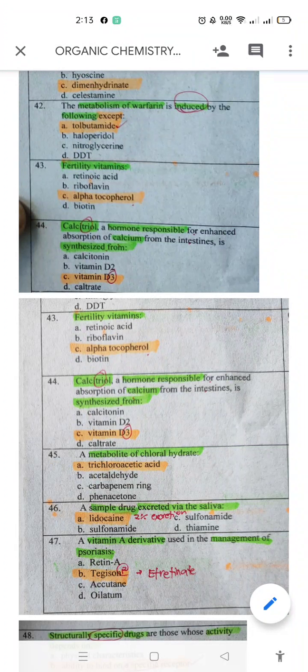Your Tegison is the brand name of etretinate, which is for the treatment of severe recalcitrant psoriasis. And your Accutane is the brand name of isotretinoin for the treatment of severe recalcitrant cystic acne.